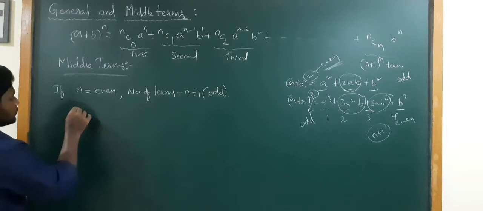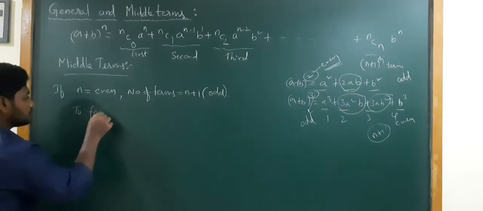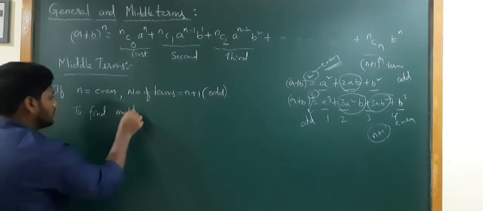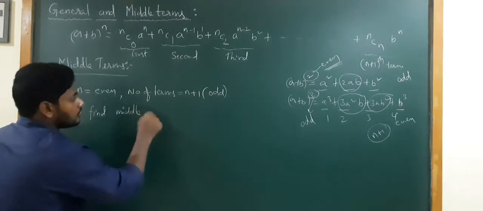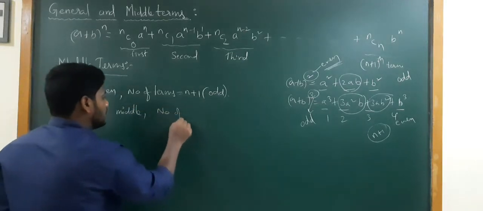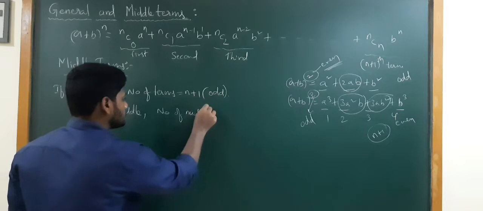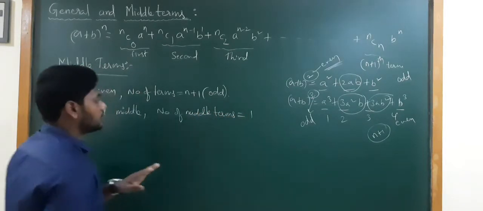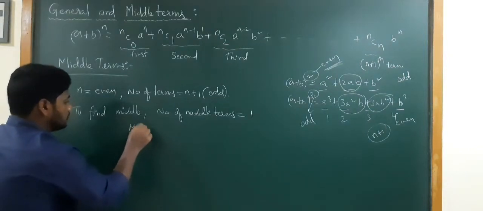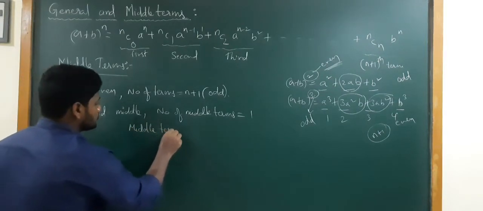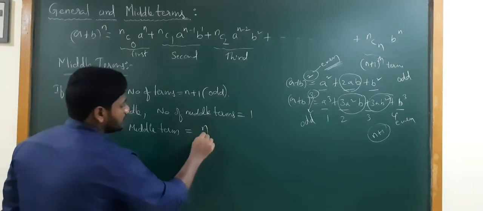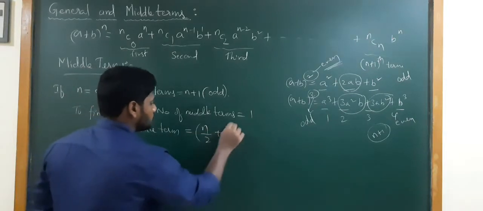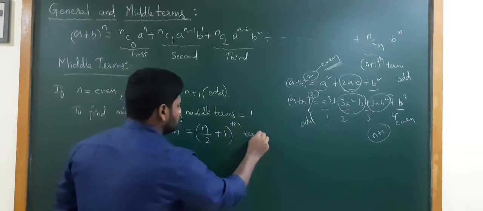Now to find the middle terms, how many middle terms will we get? Only one middle term. The formula for the middle term is the (n/2 + 1)th term.